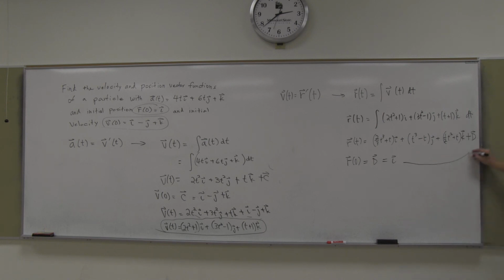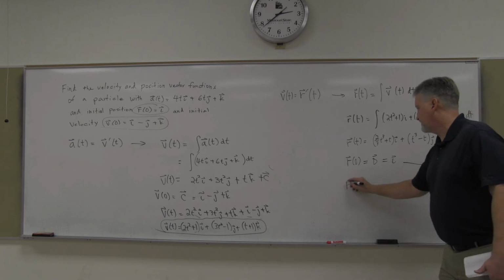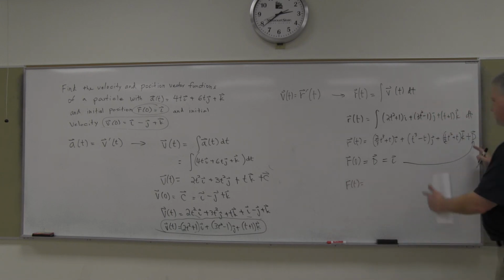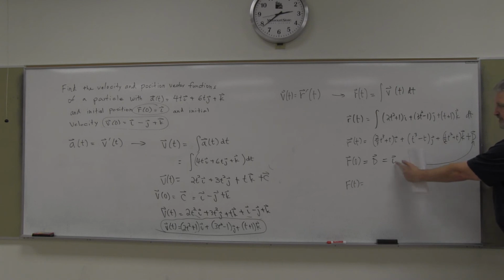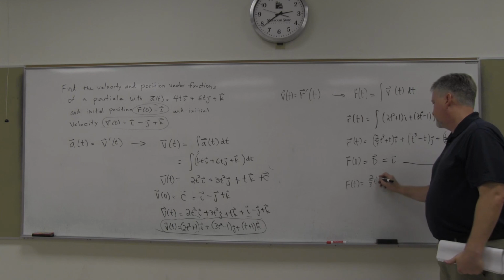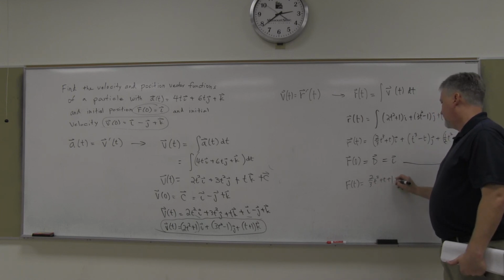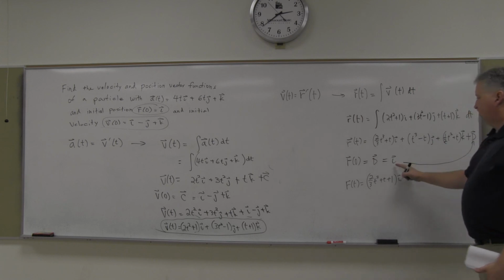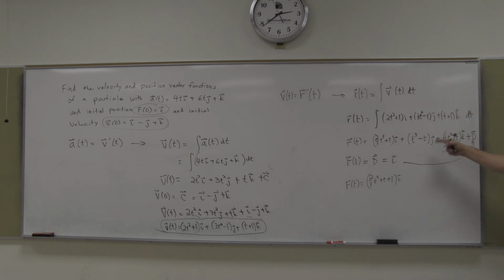So if I plug that in, make that my D, doesn't that make r of t then? It really just adds 1 to the i, right? So it'll be 2/3 t cubed plus t plus 1 i. And then D has no j and k component, so it doesn't change those. t cubed minus t j, and then plus 1/2 t squared plus t k. Ta-da.